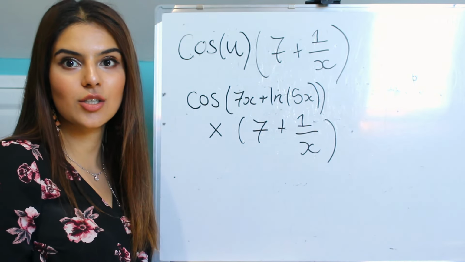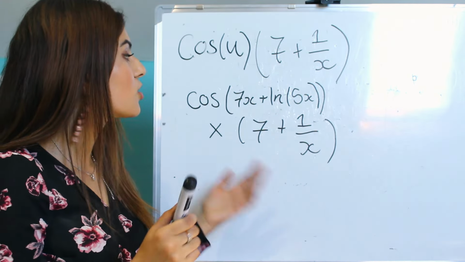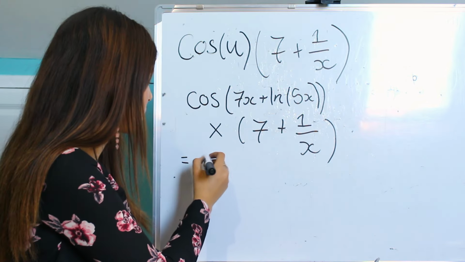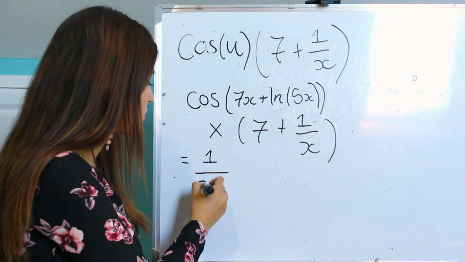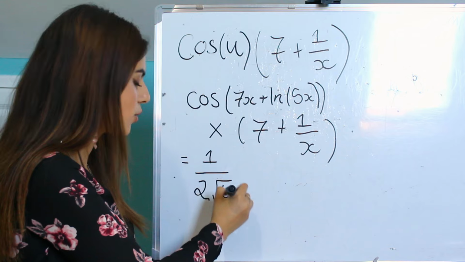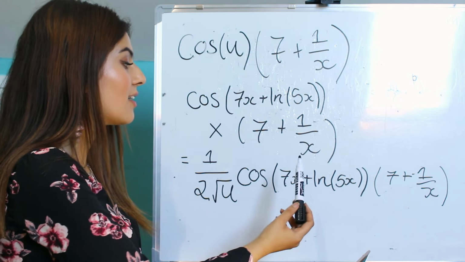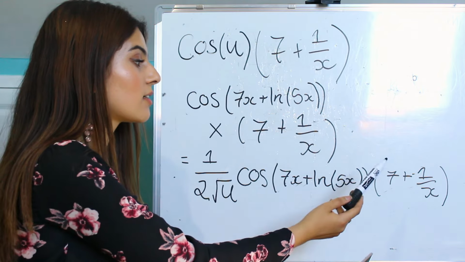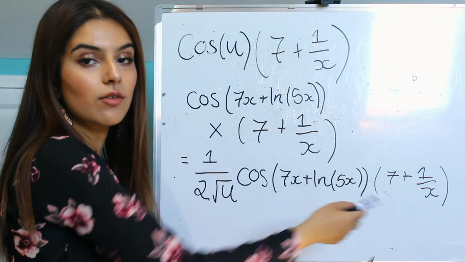So all we need to do with this equation is substitute back the square root that we solved earlier. That would equal 1 over 2 square root u, cosine 7x plus logarithm 5x, times 7 plus 1 over x.